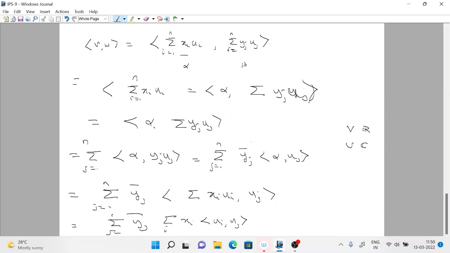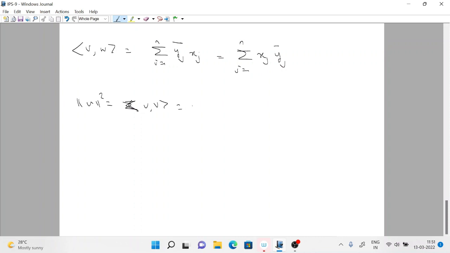Now notice that j is fixed, therefore ui inner product uj is delta ij, and since j is fixed, this makes sense only if i equals j. Are you following? This entire sum is only xj. Are you sure? Okay.